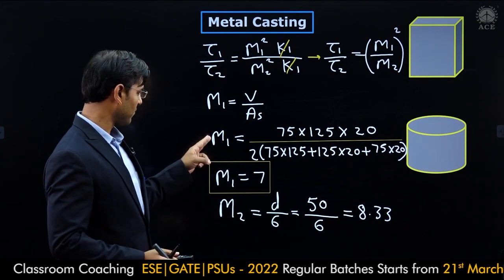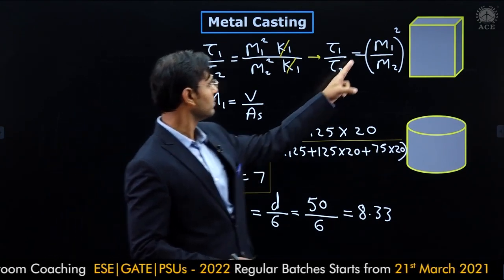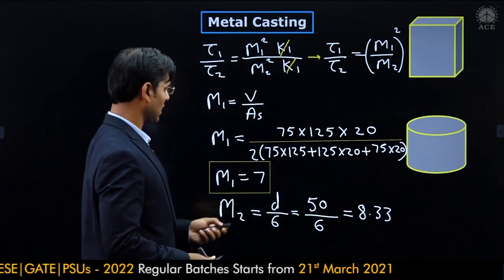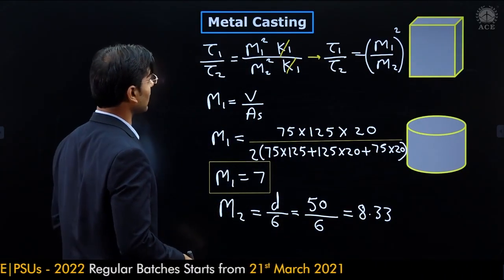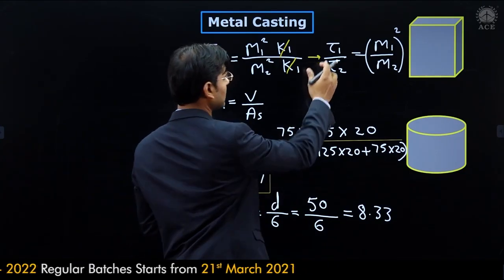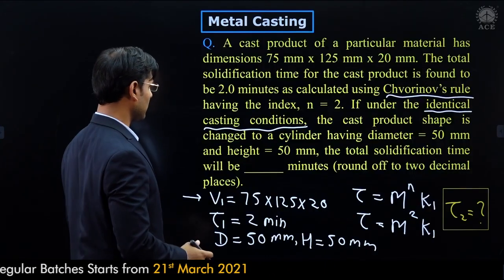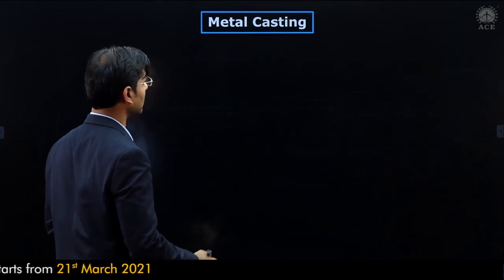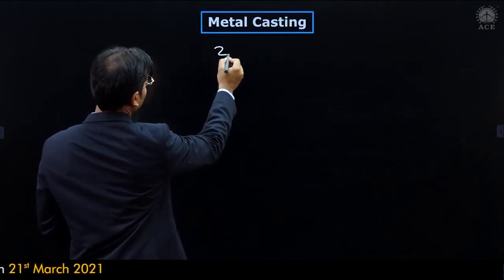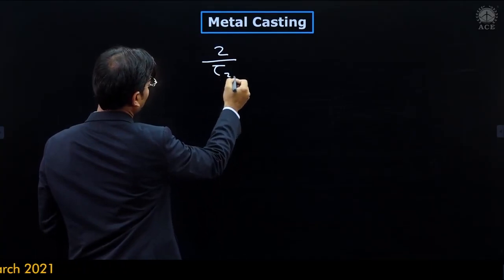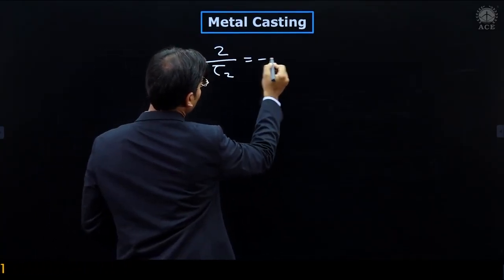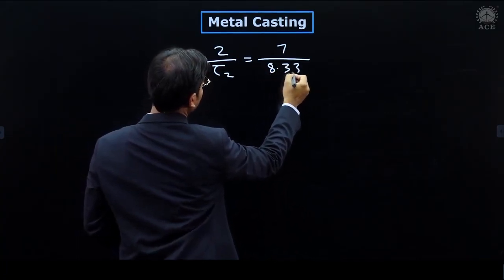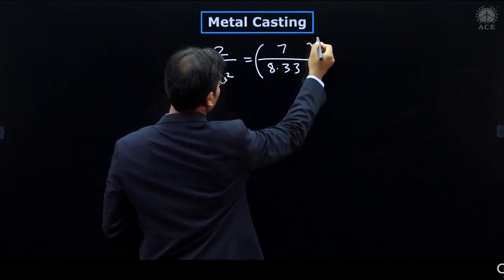Yes, now it is an easy problem. You got the value of M1, you got the value of M2. With M1, M2, and tau 1, you have to calculate the value of tau 2. I am writing all values here. But before that, see what is the value of tau 1. Tau 1 given is 2 minutes. Then I am putting tau 1, which is 2 minutes, divided by tau 2 is equal to M1 is 7, M2 is 8.33, whole square.